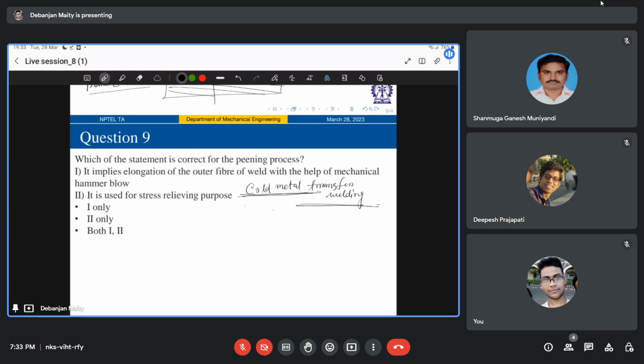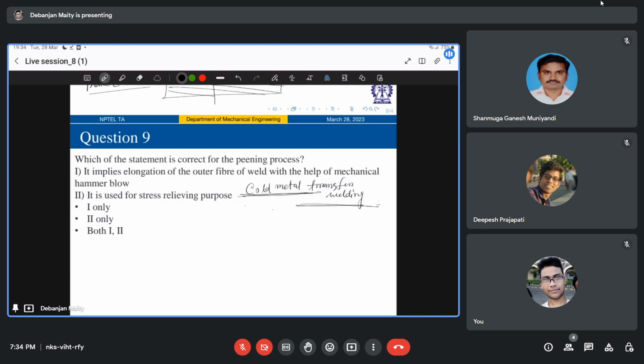What can be the third approach? You can minimize the volume of the molten weld metal, as I was saying for cold metal transfer welding, and also mechanically this can be done with some proper choice of joint preparation. For example, a U groove could be used in place of a V groove, because U grooves will require less filler material, and it is also desirable to use the smallest groove size and the smallest angle.